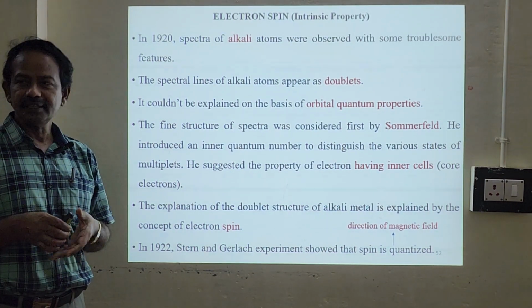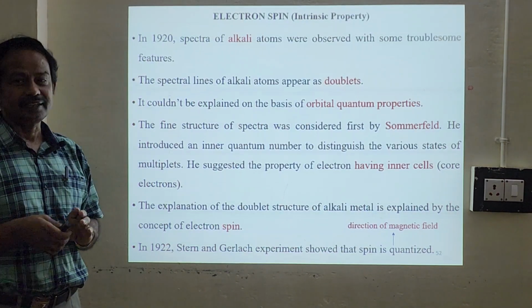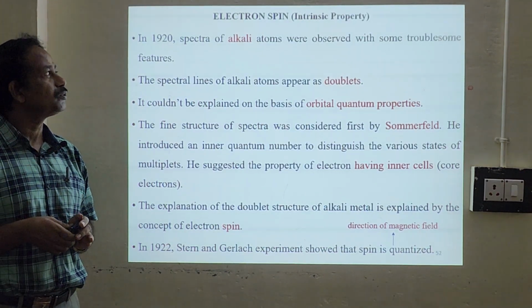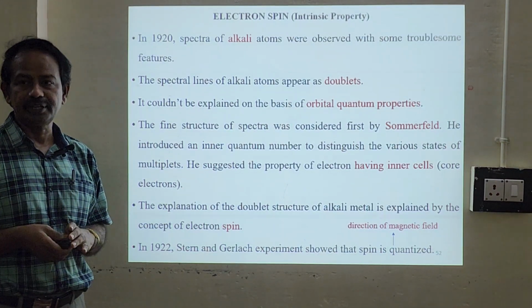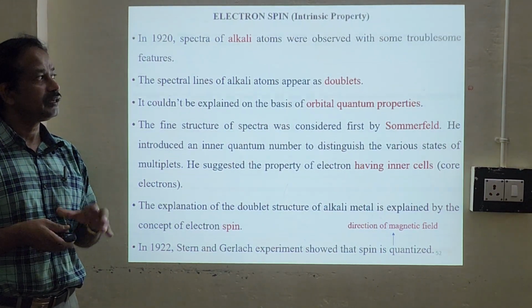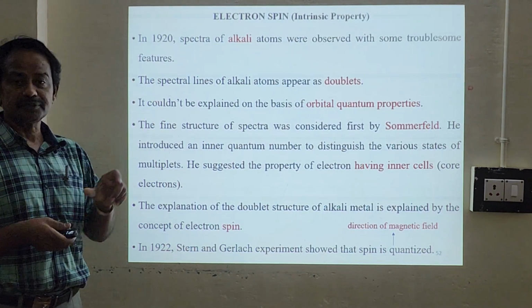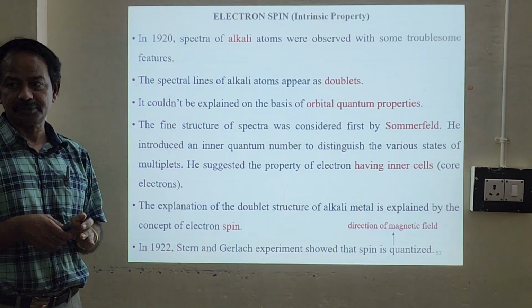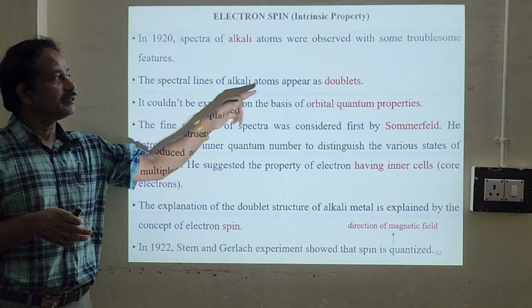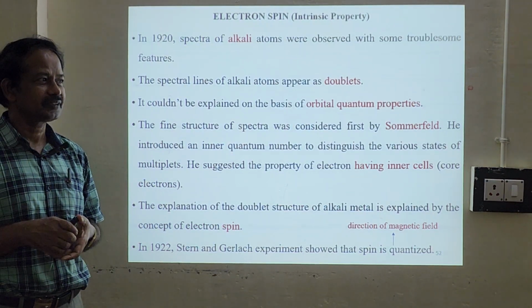But historically, how did it arise? It started in the year 1920, when the spectra of alkali atoms like sodium, potassium, cesium were studied. With the help of high resolving spectrometers, the spectral lines were observed as doublets, not single lines.